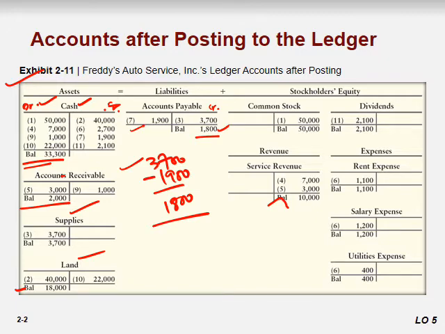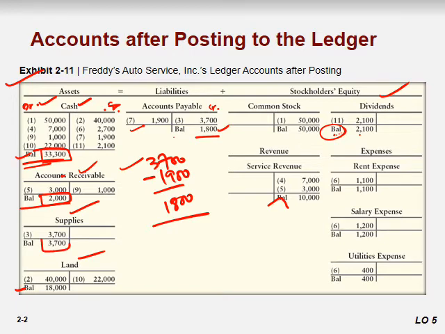This is how we write the balance, so that whenever you look down the balance, okay, this is debit balance, it means dividend has a debit balance or increased balance right now. Cash balance, we have a debit balance, it means we have this much cash in our account right now. We have this much that we need to collect from our accounts receivable customers.